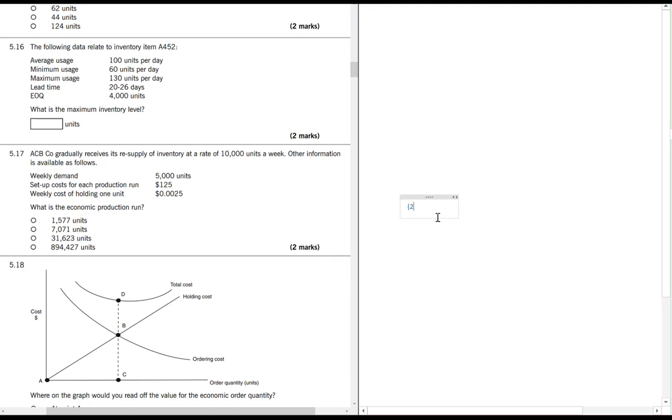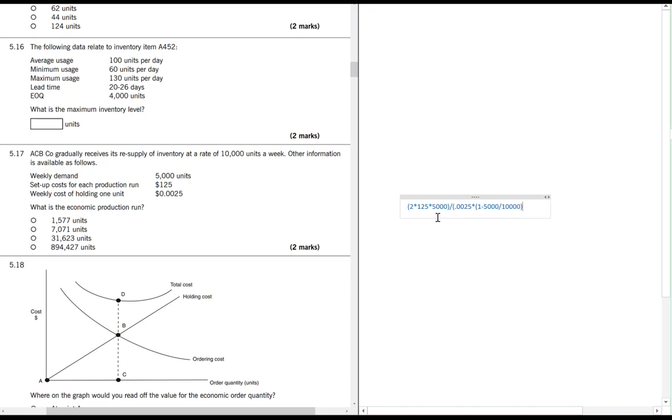So it is 2 multiplied by cost of ordering, which is in this case the setup cost, multiplied by demand, 5,000, divided by holding cost, which is 0.001, 0.0025, multiplied by 1 minus demand divided by rate of production, which is 5,000 divided by 10,000.